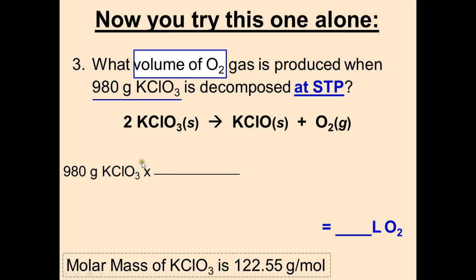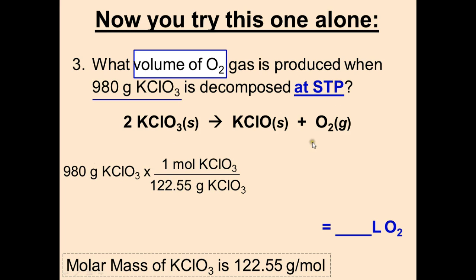And remember, whatever's on the top goes on the bottom. So grams of KClO3 goes on the bottom, 1 mole goes on the top. And remember, we just get these numbers from the molar mass. So 122.55 grams of KClO3 per 1 mole. So grams will cancel, and we're now in moles of KClO3. So check step 1. Now step 2, we want to go from moles of KClO3 to moles of oxygen here.